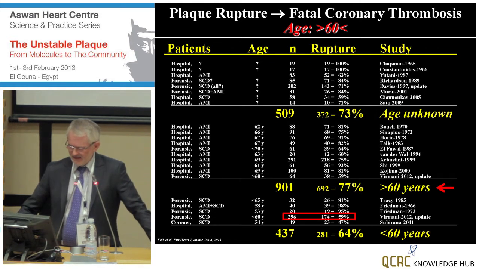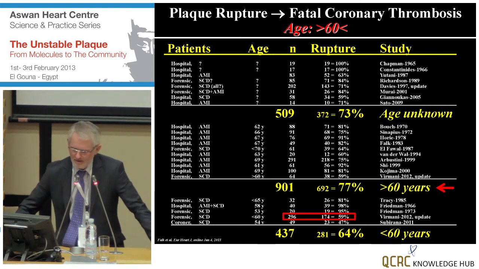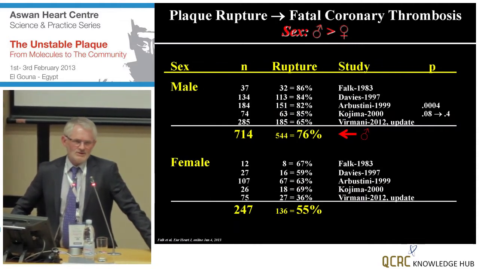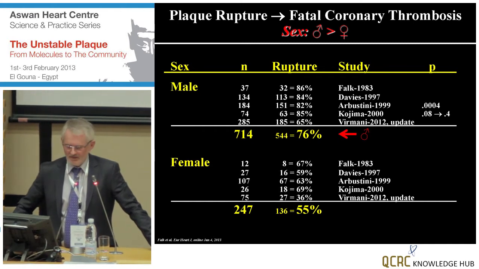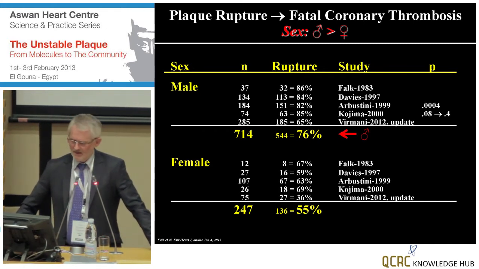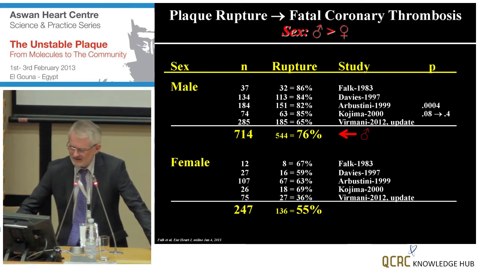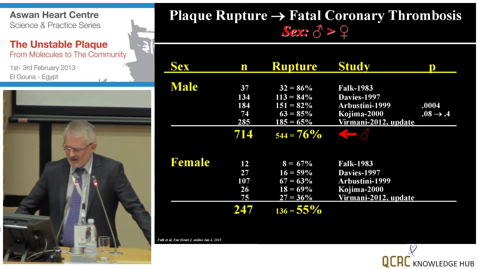But also here again, it is dominated by the many cases from the Amani that studies younger persons. Sex: all studies agree that plaque rupture is more frequent in males than in females. 76% of coronary thrombi in males are precipitated by plaque rupture compared to 55% in women, and all agree on this association.